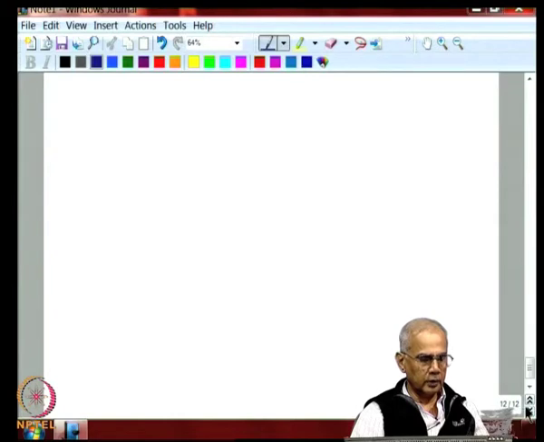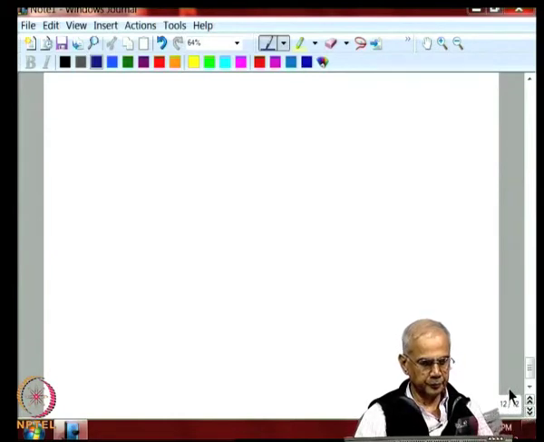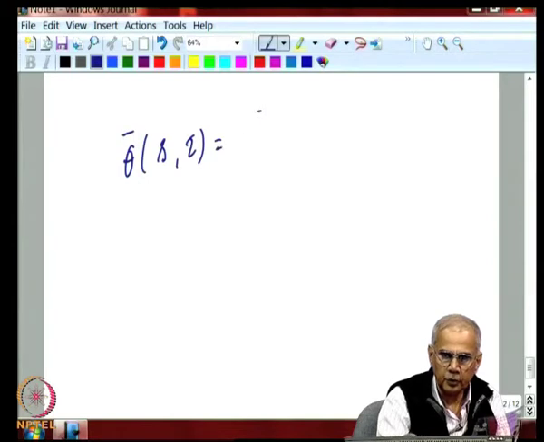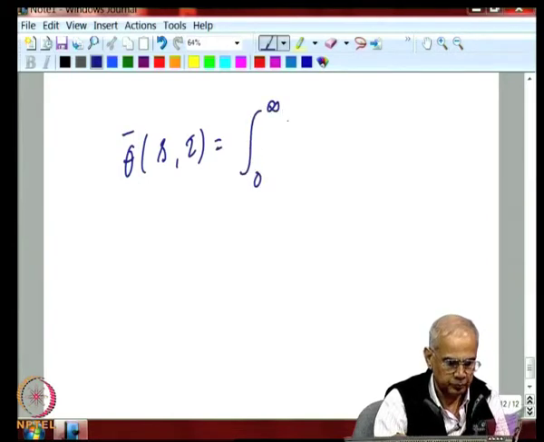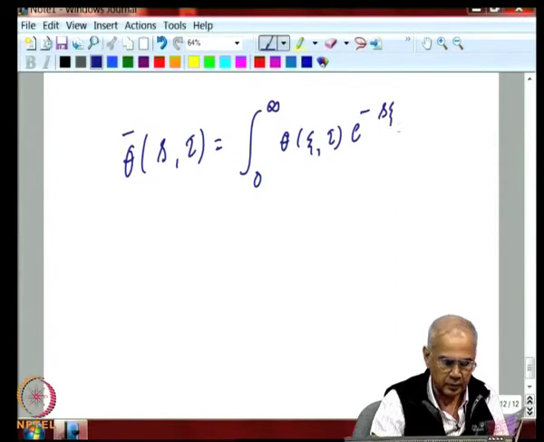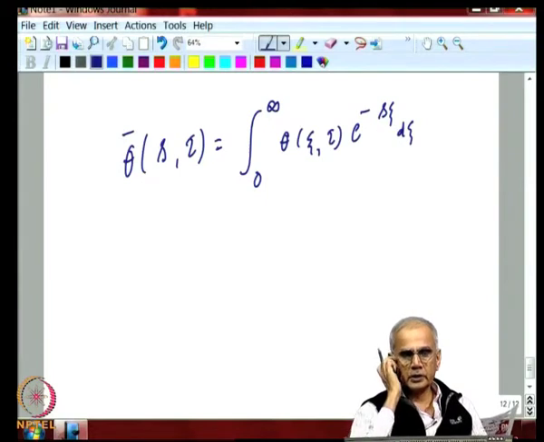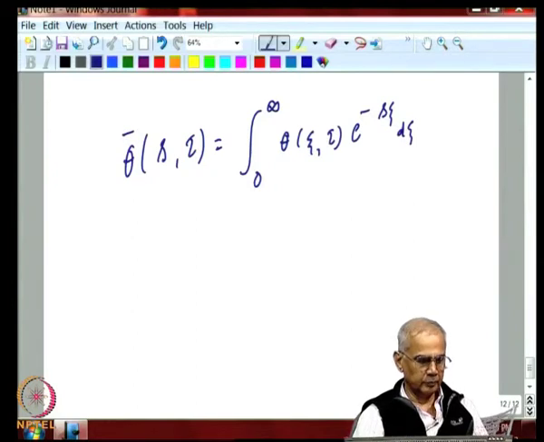Now, all of you recall that the Laplace transform definition is integral 0 to infinity theta of psi and tau e to the power of minus s psi d psi. So, we are transforming the non-dimensional theta from psi tau coordinate to s tau coordinate, where s is the transformation variable here.